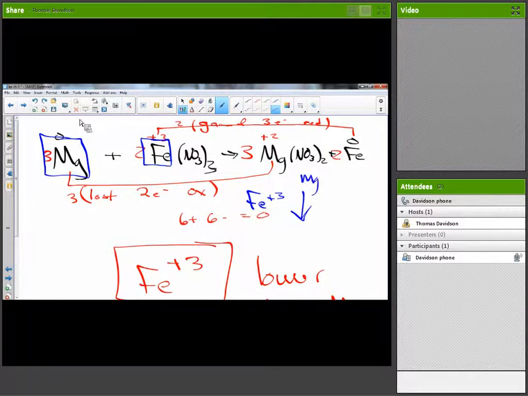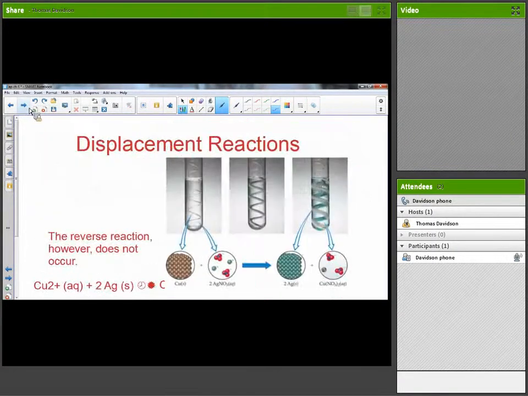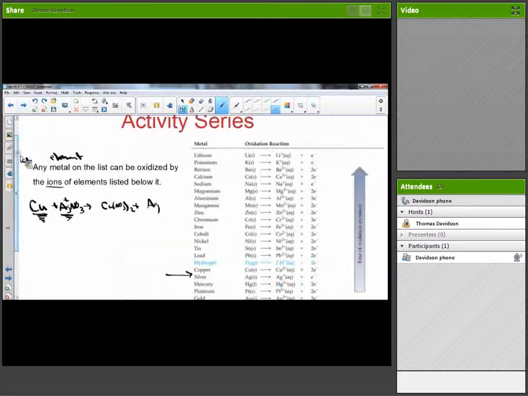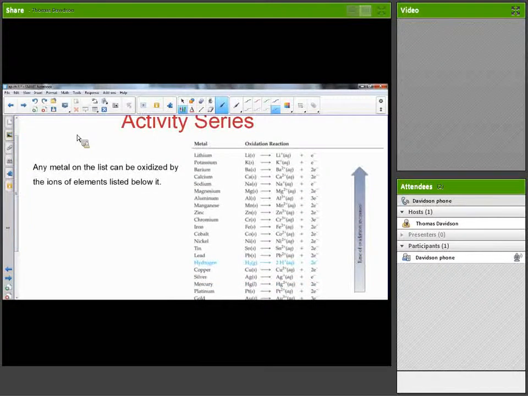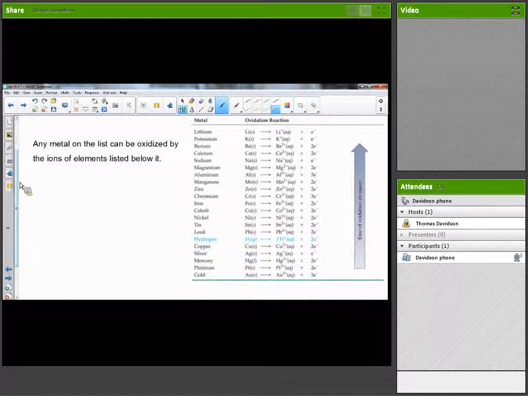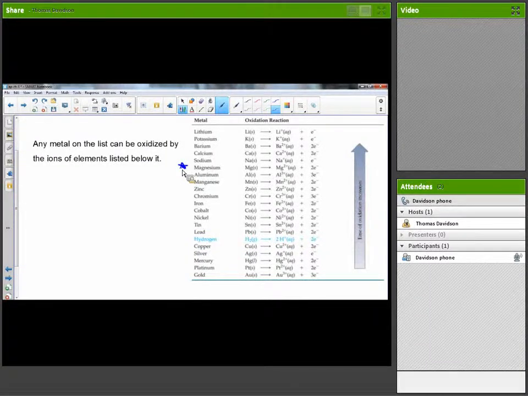So let's check our list. I see magnesium right here. That's my metal. My iron is right here. This is my ion. So is my ion lower than my metal? Check mark. Yes, that was written correctly.